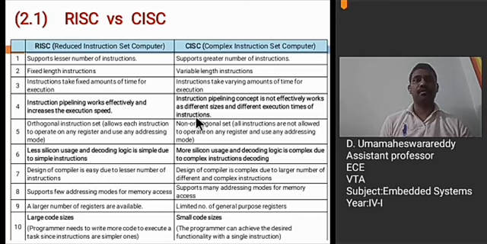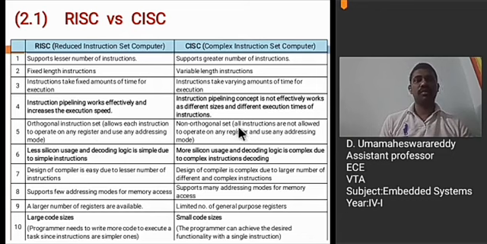Then see, coming to RISC, it is an orthogonal instruction set. Orthogonal instruction set means it allows each instruction to operate on any register and use any addressing mode. Next, CISC is a non-orthogonal instruction set.